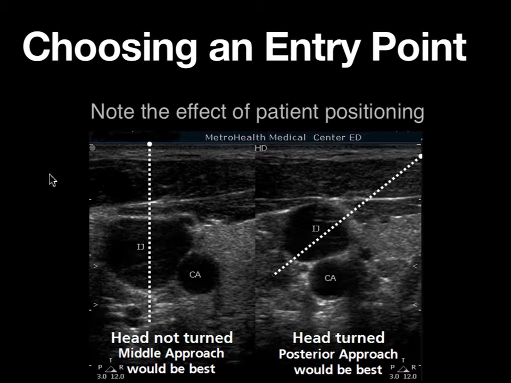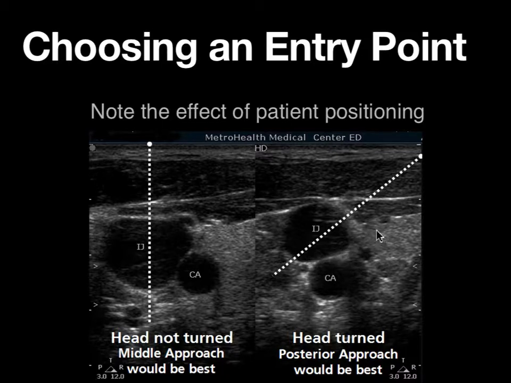A posterior approach would put me in line with hitting the common carotid if I double walled the vessel. Looking at this relationship here, if I used a central or middle approach and I double-walled the vessel, I would end up going into the common carotid.